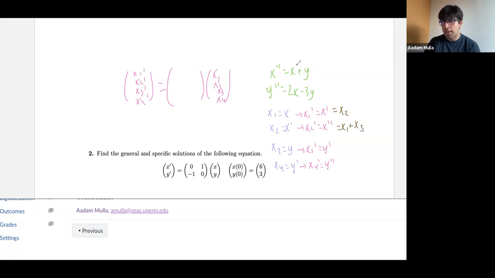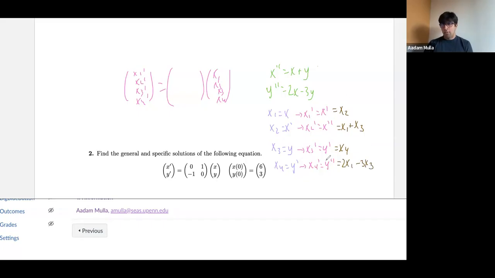The reason I'm replacing x and y with these is because we're transforming it into new variables that we define, so everything needs to be in terms of x1, x2, x3 and x4. Same idea: y prime is x4. That's nice. y double prime is 2 times x minus 3 times y, so 2 times x is 2x1, minus 3 times y is 3x3.